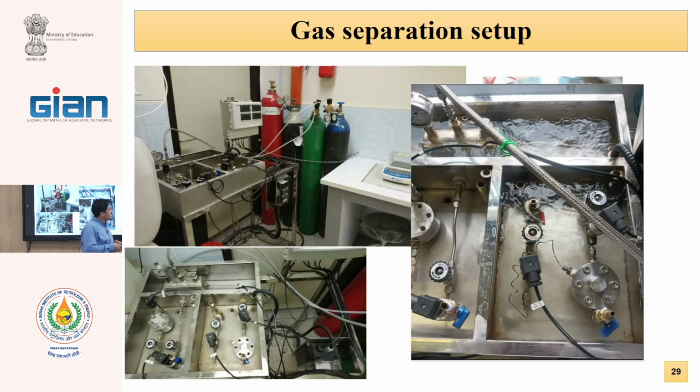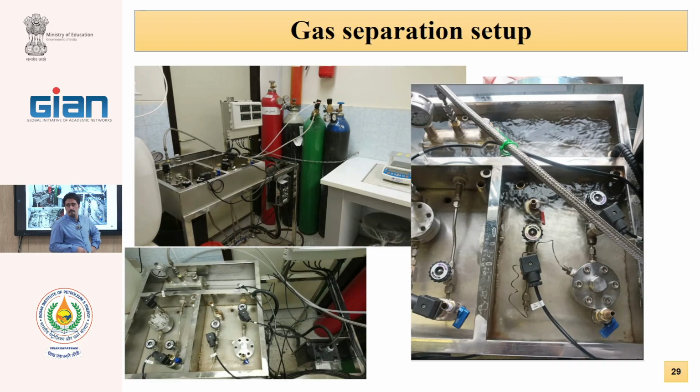And the second method is constant volume. The data of constant volume is better, and in most cases it is requested to report constant volume. In this method, as you see, all of the system is located in water, because as I said, in gas separation membranes the temperature is very important.